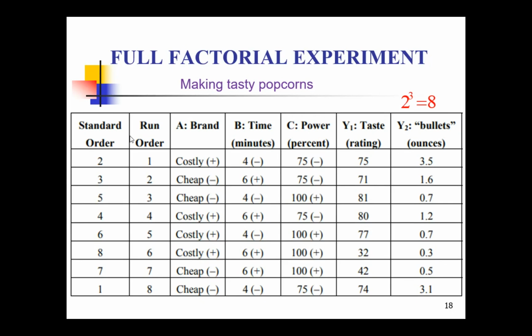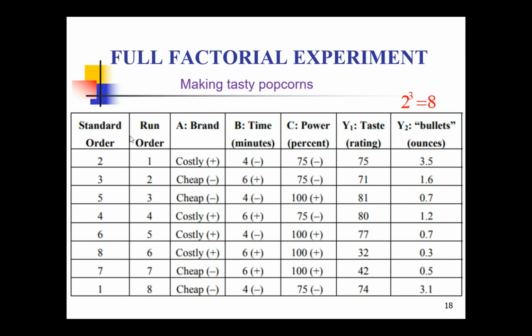Then how many bullets are there? The bullets are nothing but unpopped corns. For popcorns, the corns have to pop up. If the corns are not popping up, then they are called bullets. So in each and every input, I have 2 levels. In brand, I have costly and cheap.